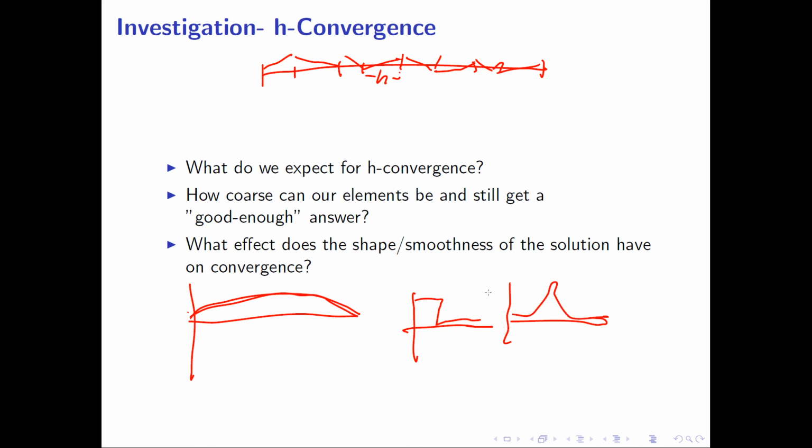In this case, especially where we have something like large second derivatives, our linear approximation might not do a very good job. You could imagine that if a feature of the solution is smaller than the element itself, we're not going to be able to capture that very well at all. So we can specify different initial conditions in our solver and see how the solver handles those different possibilities.